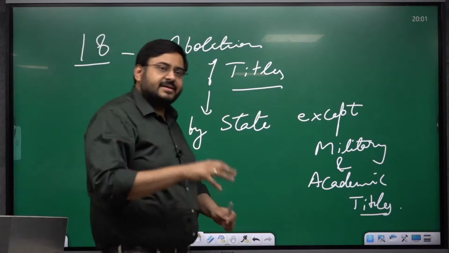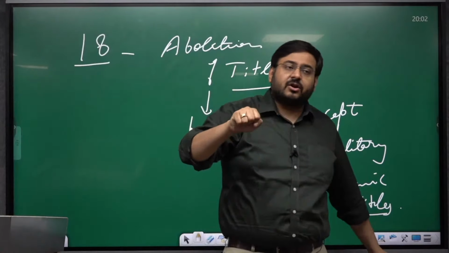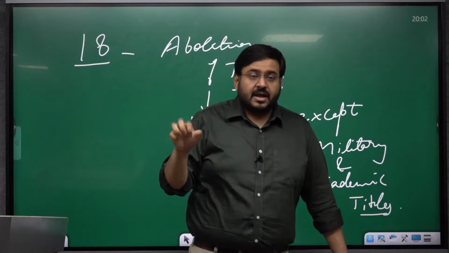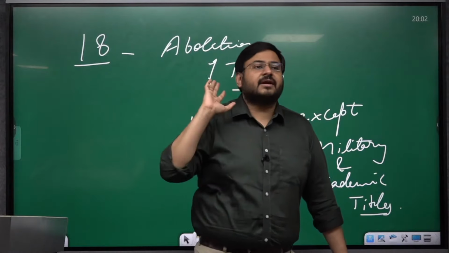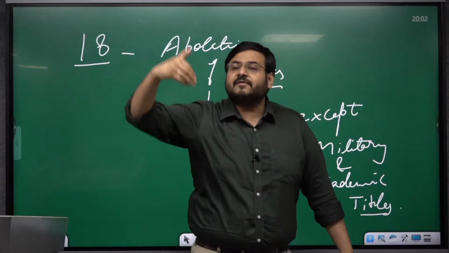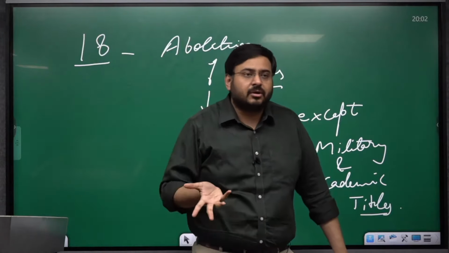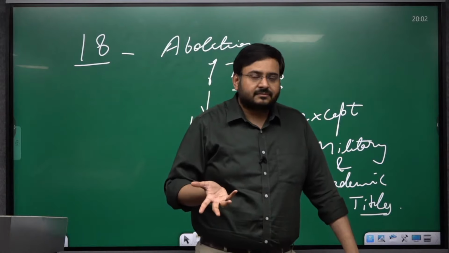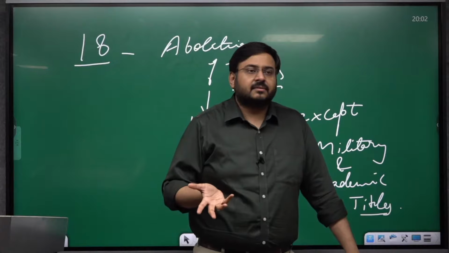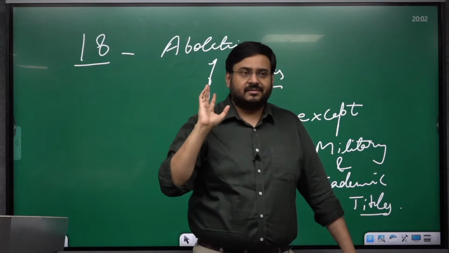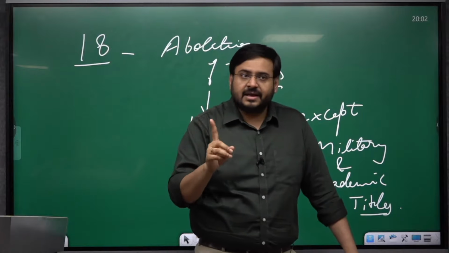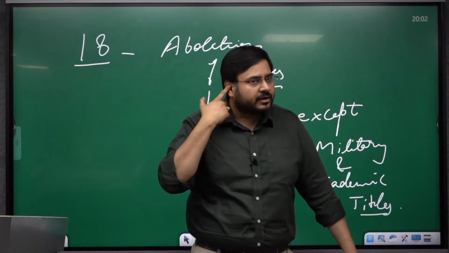Article 18 says any person cannot have title given by state. Any foreigner will not be given a title by the state. Any Indian will not be given a title by the state. But if a foreigner is getting title, how can we stop him or her? Approval. Okay. It is not banned. Be very clear. It is not banned for foreign citizens.